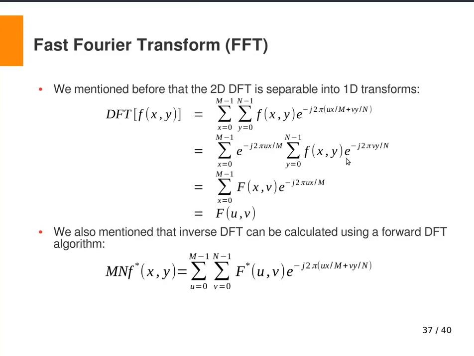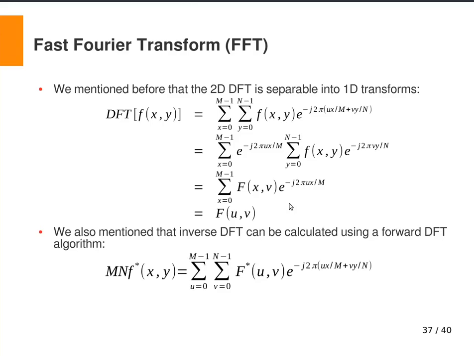If we do that, we can separate the two summations. First perform this summation, and then use the result of this to perform the second one. So in effect, we are calculating the one-dimensional discrete Fourier transform, for example, for the columns first, and then for the rows next, and vice versa.